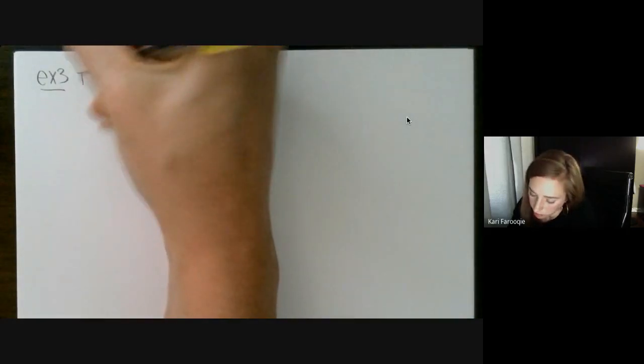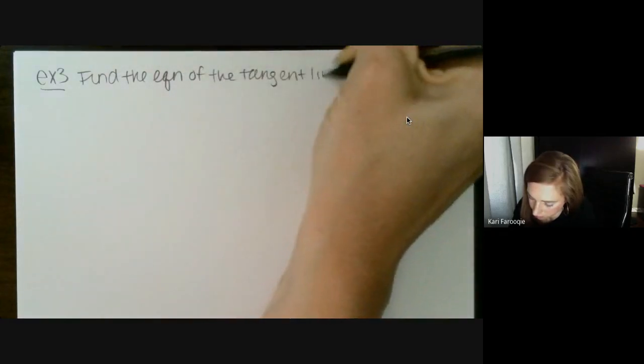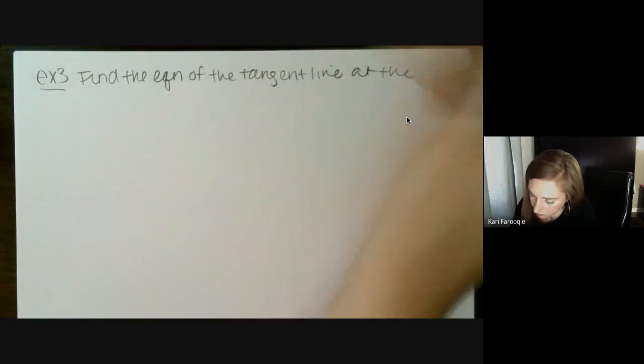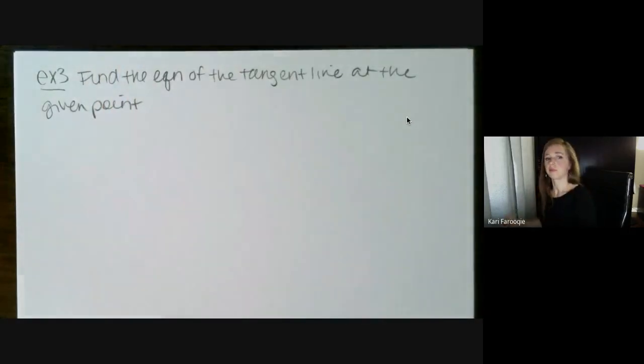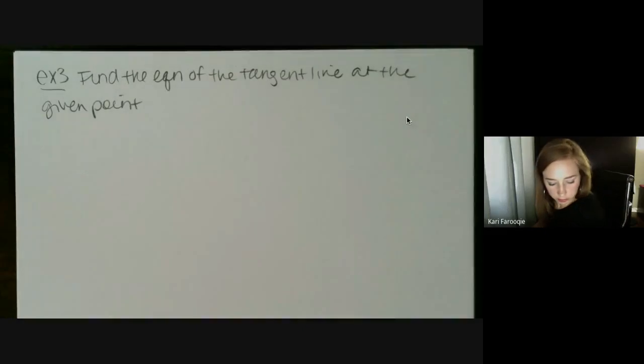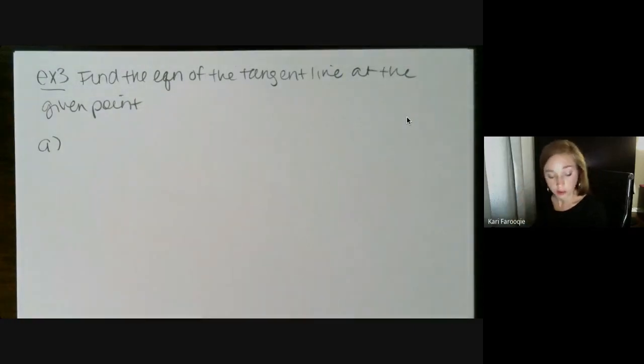So example 3, find the equation of the tangent line at the given point. And we're going to work on some more of these implicit derivatives.